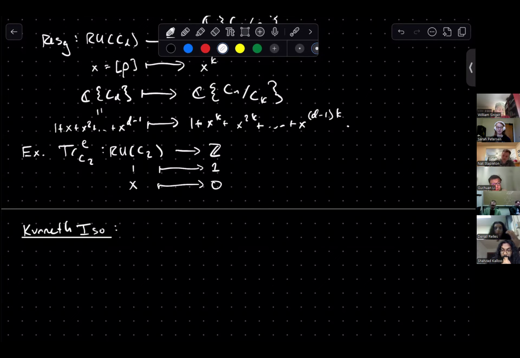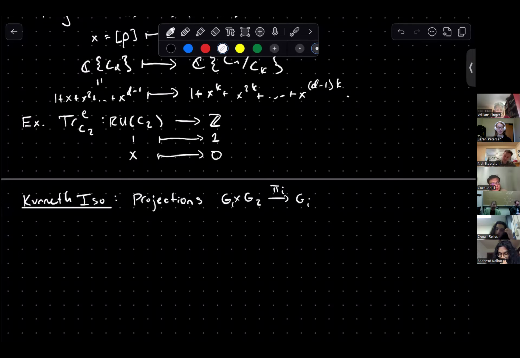So I could consider the projections. If I have two groups, G1 and G2, I can consider the projections from G1 times G2 to G1 or G2. I'll write them G_i, pi_i. And I can restrict along these projections.